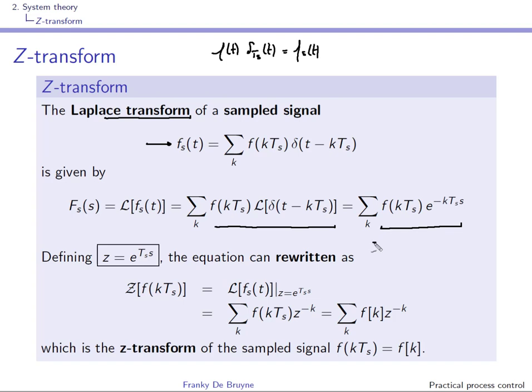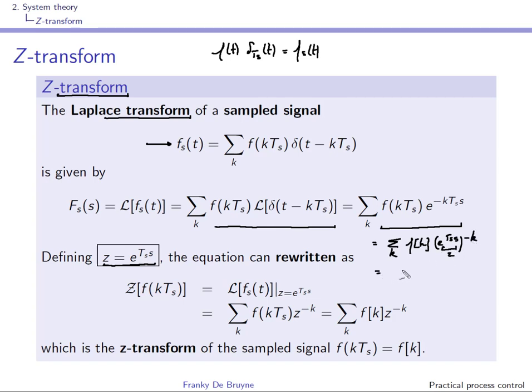And now it's just a matter of notation. It's a sum, and we'll write it like that, and then we'll define the Z variable, and this will lead to the Z transform. This one you can rewrite as e to the power of T_s s, to the power of minus k, and this is z.